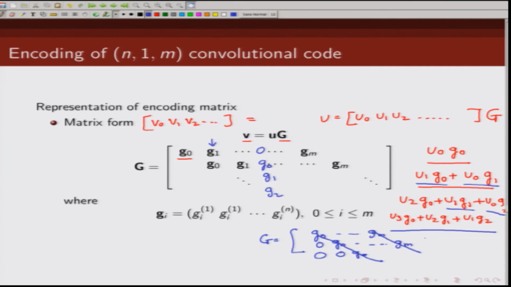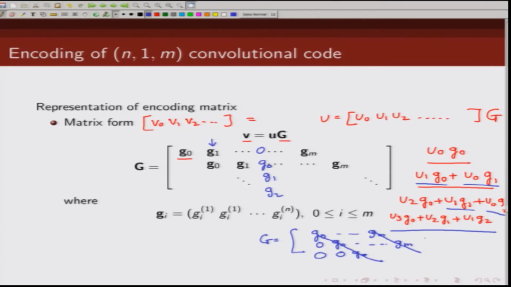So if I try to write it in the form of generator matrix, then my generator matrix in this case is a semi-infinite form, and through this example for a memory 2 code, we showed that this basically G is of the form like this. Okay. And where each of these G0s are basically these will represent what are these n bit output.